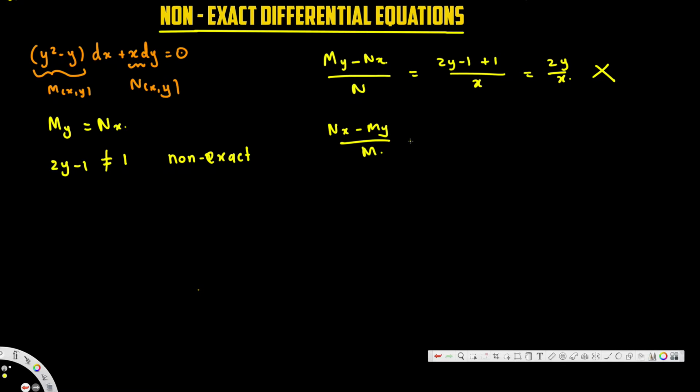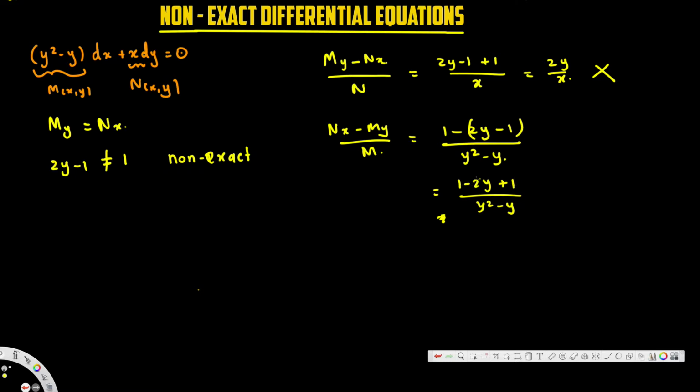Here we have to have y alone. Nx is 1, minus My, which is 2y minus 1, divided by M. M is y squared minus y. Now let's see what we get. 1 minus 2y, minus minus is plus, plus 1, divided by y squared minus y.